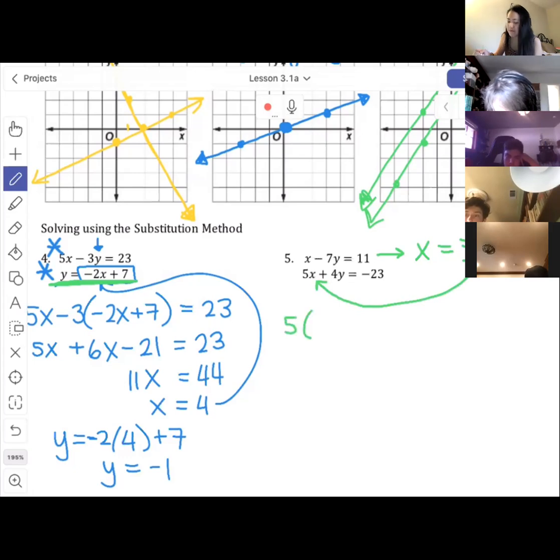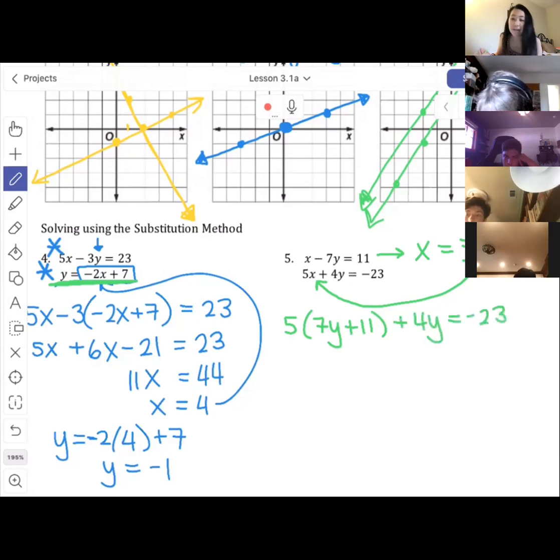Substitute it. I get 5 times... well, you have to solve for the equation above, right? Oh, yeah, I already did that. Oh, what was it then? Okay. So it's 5 times (7y plus 11), in parentheses, plus 4y equals negative 23.